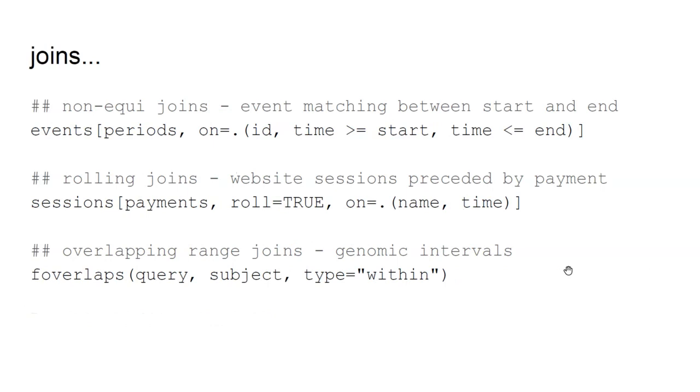And the last slides on join. This is already not reproducible with the previous objects. So, a few examples of non-equi join, when we want to match data from some events to predefined periods. Here we can see the syntax of the non-equi join.